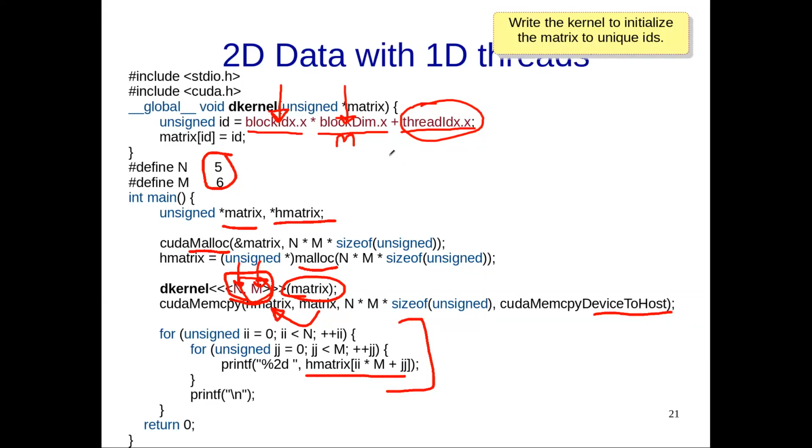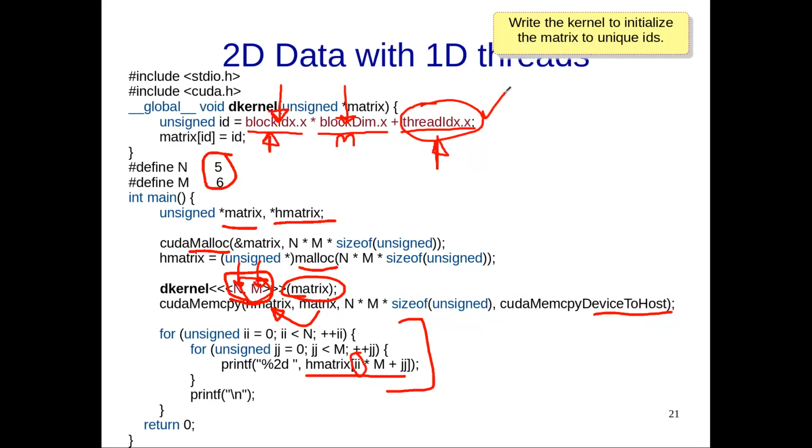Therefore, this blockDim.x is going to be m, and essentially, this is going to be ii or block ID, and this is going to be jj or the thread ID, right? In our CPU versus GPU mapping. So block ID gives you the bus number that you are in. Thread ID gives you the seat number you are in.